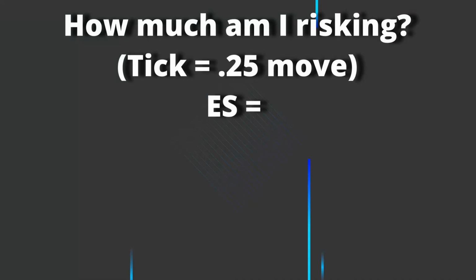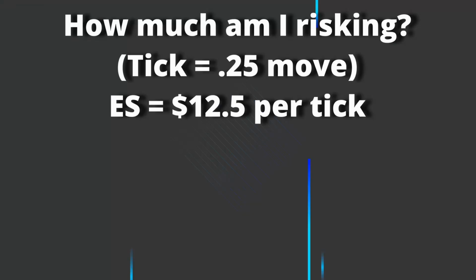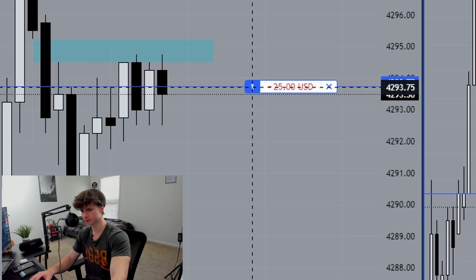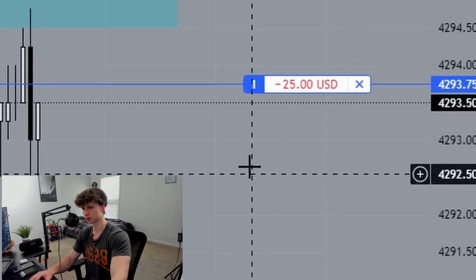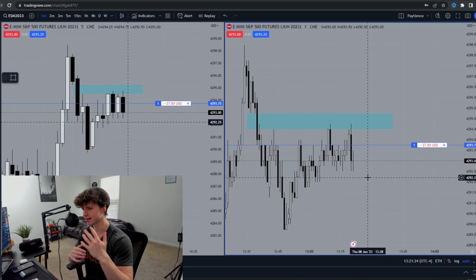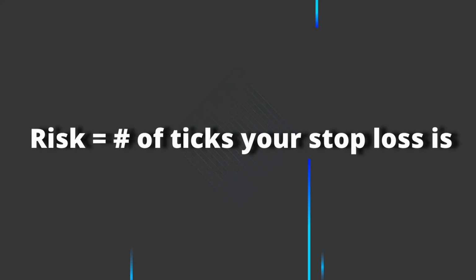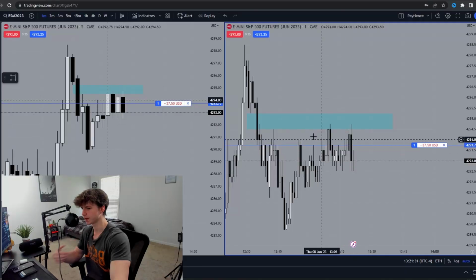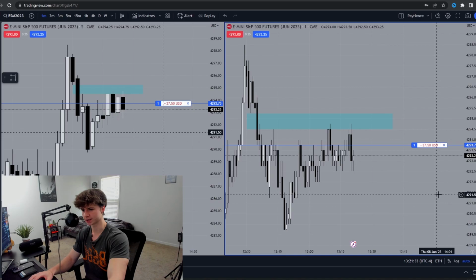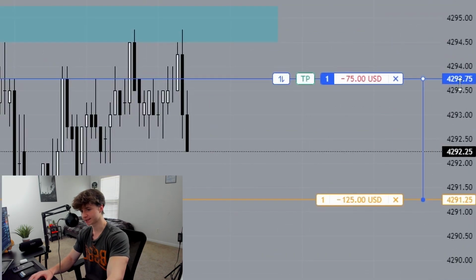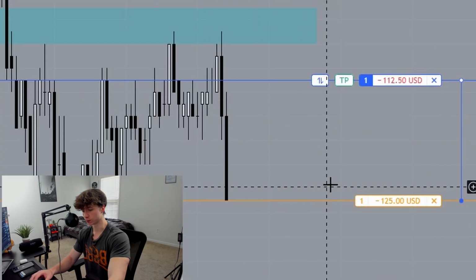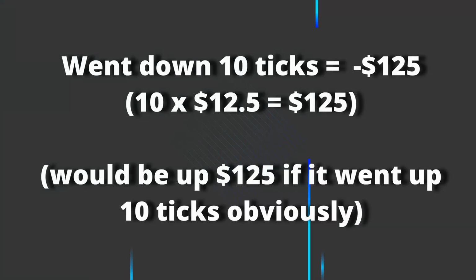For ES, each tick, each 25 cents that it moves, is equal to $12.50. So you're not actually putting any money in. Your risk is simply the amount of ticks that you are risking. Let's say I put my stop loss right here. That is 10 ticks, which means if it goes down here, as it just did, I lost $125.